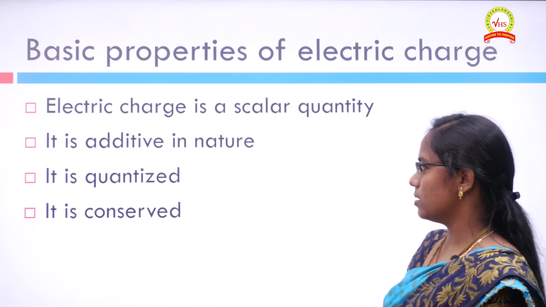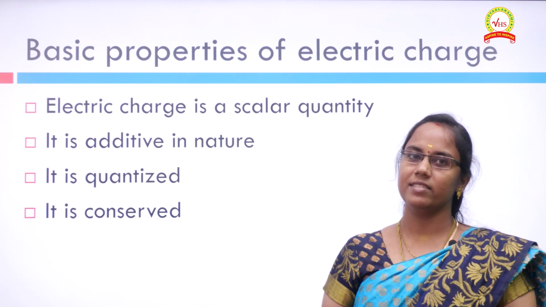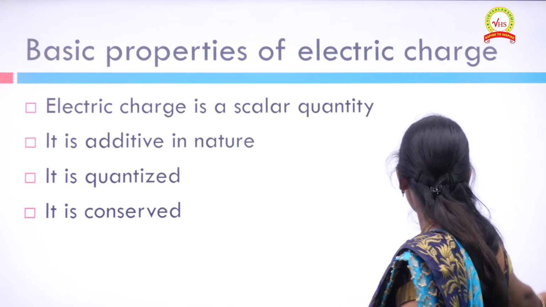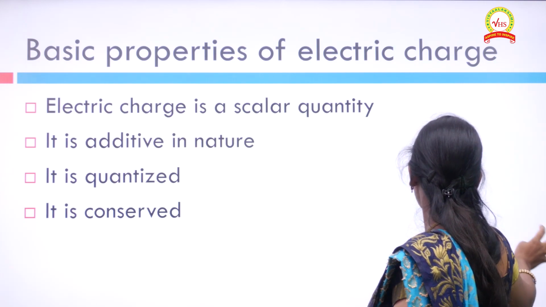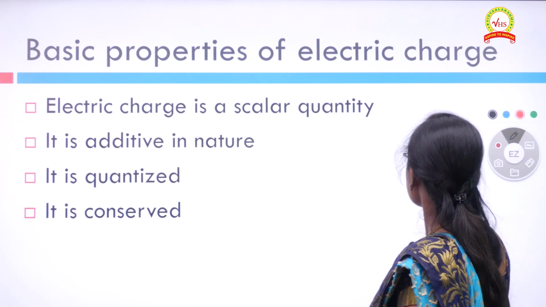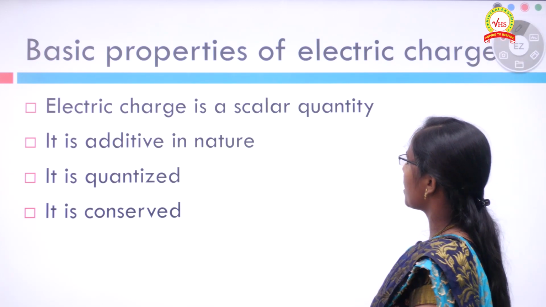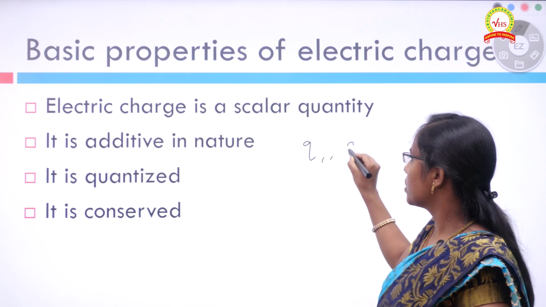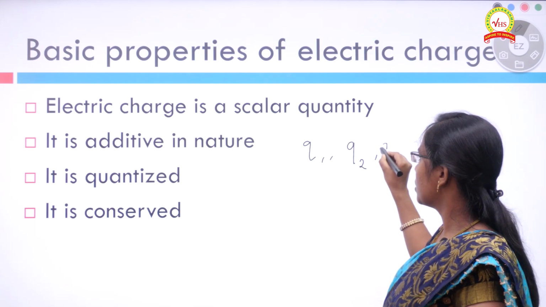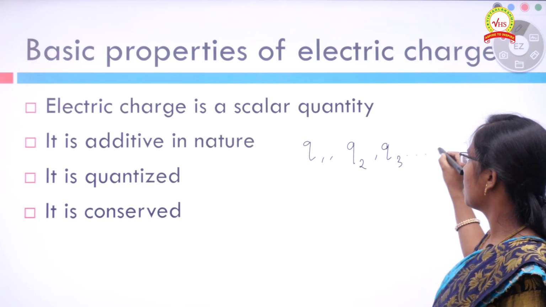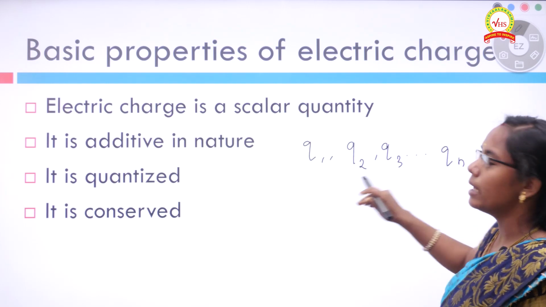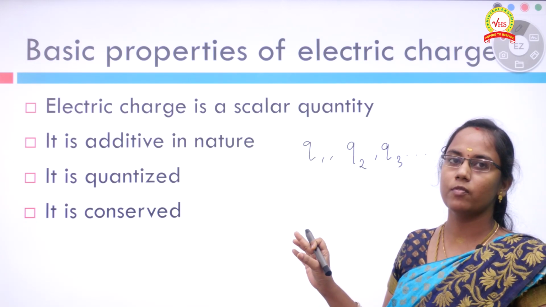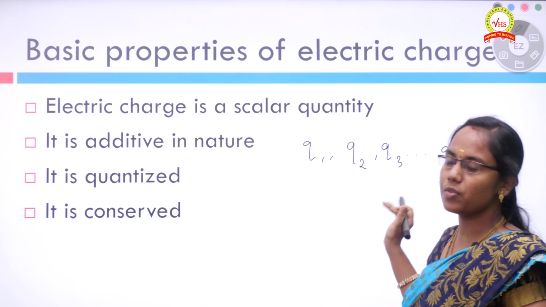The second property is electric charges are additive in nature. It means that charges can be added up. For example, in a system if you have n number of charges, say Q1, Q2, Q3 and Qn charges existing inside a system, then the total amount of charge of that system will be the sum of each individual charge.